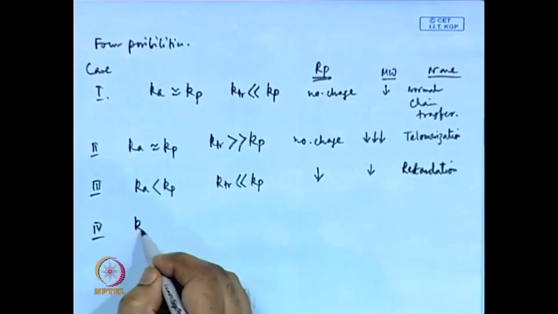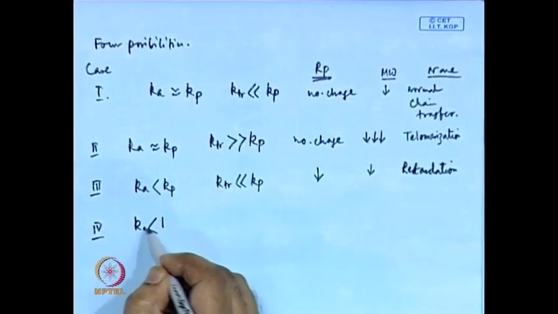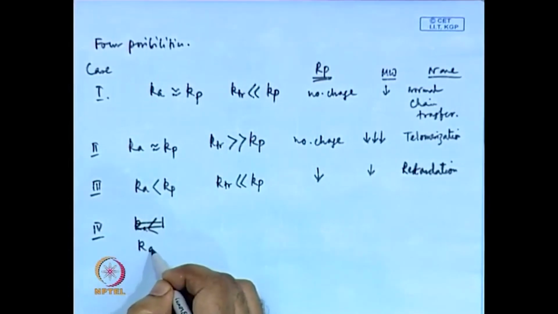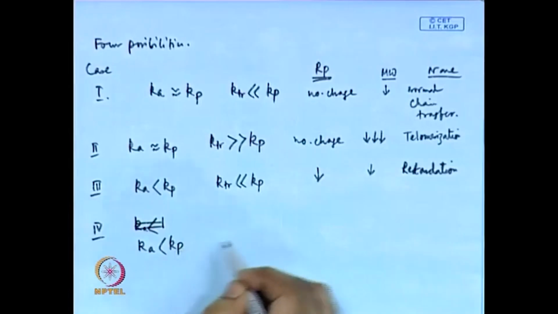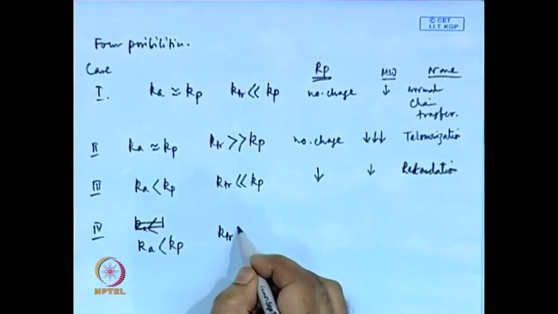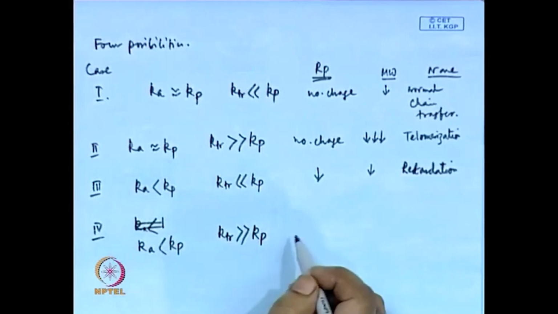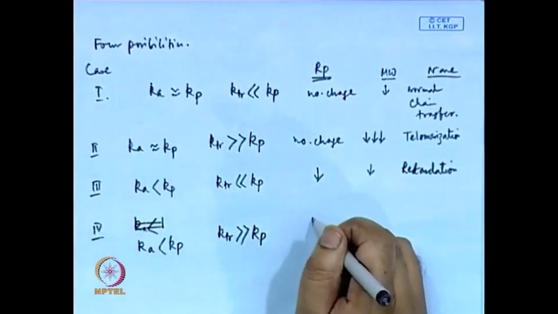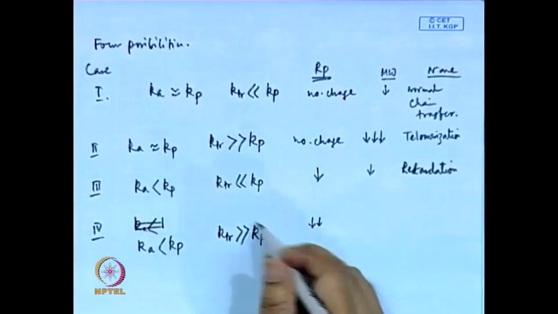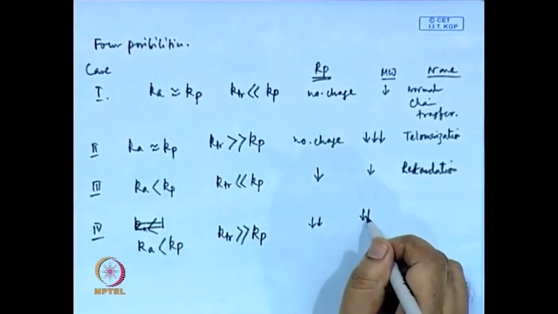Now, there is the fourth case, that is the worst case, where Ka is lower than Kp and K transfer is higher than Kp. Okay, in this case, because of this the rate comes down and because of this the molecular weight has a large drop.